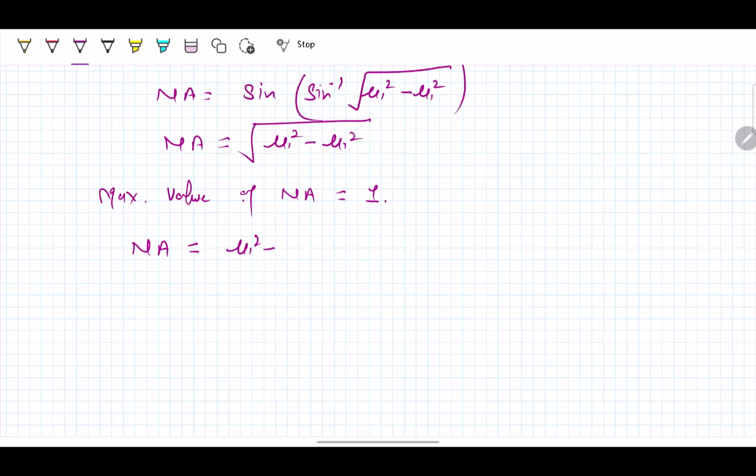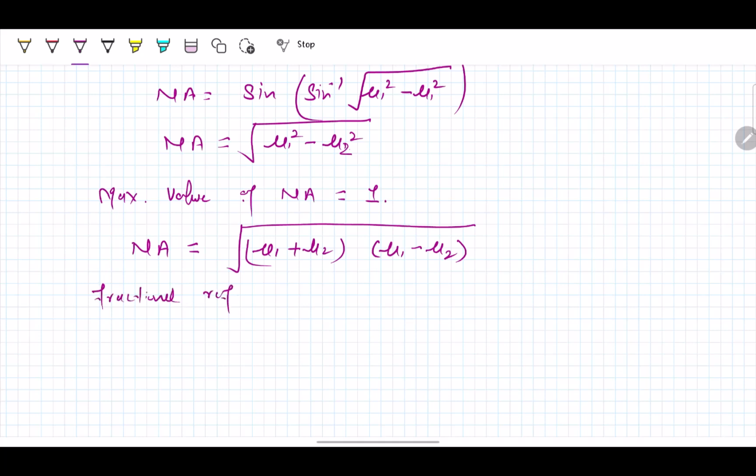Okay, so can we write here numerical aperture is equal to the square root of mu_1 squared minus mu_2 squared. So we have a squared minus b squared equal to a plus b into a minus b, right? And also we know the fractional refractive index, that is delta, equal to (mu_1 minus mu_2) over mu_1.